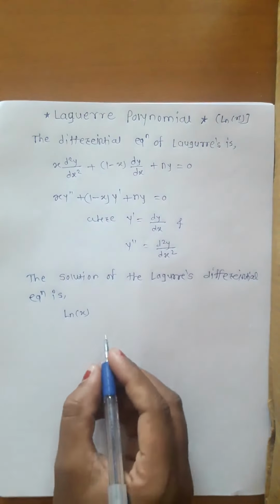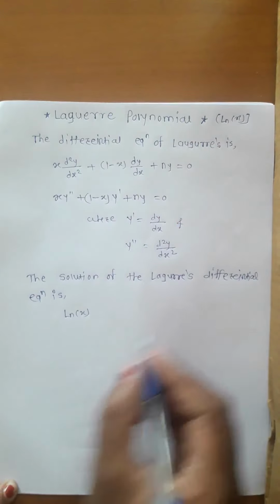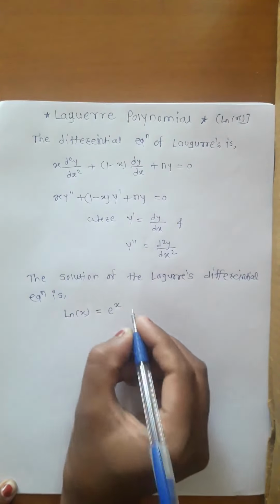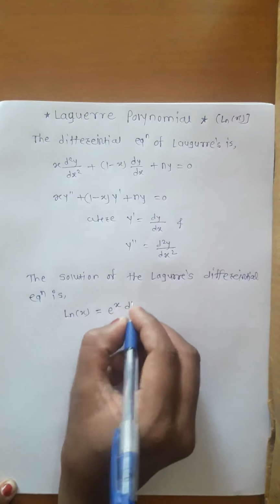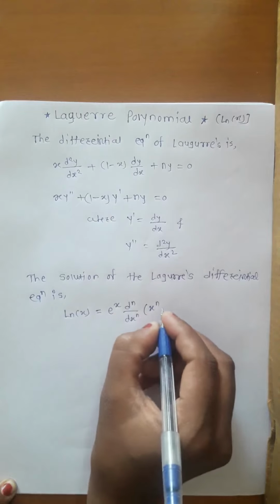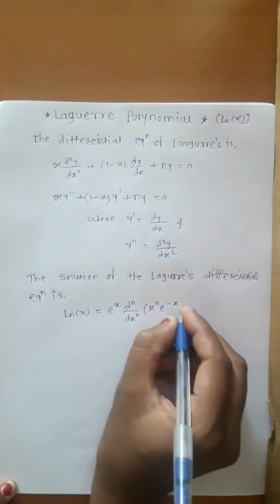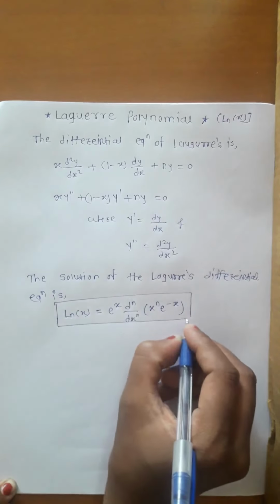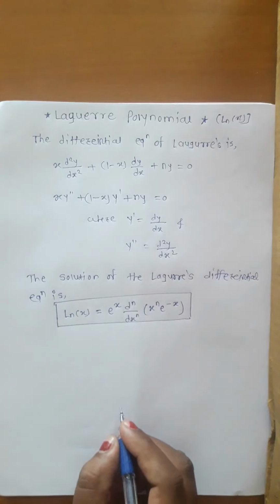The solution of this Laguerre differential equation is Ln of x is equal to e raised to x into d raised to n by dx raised to n into x raised to n into e raised to minus x.